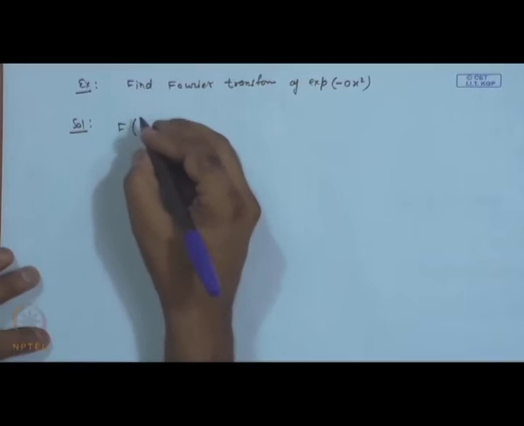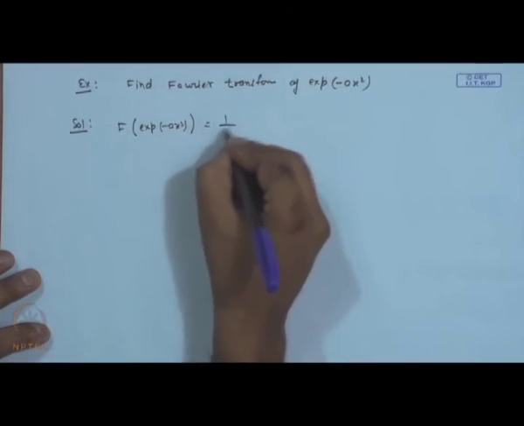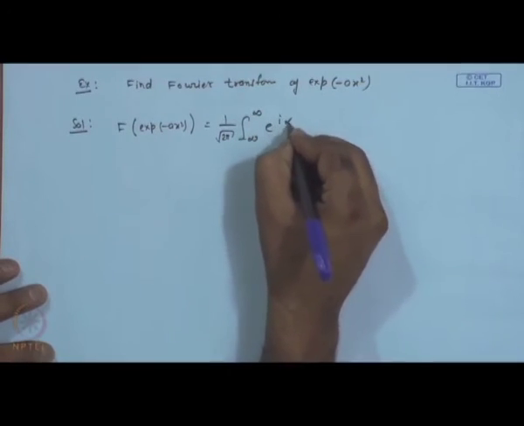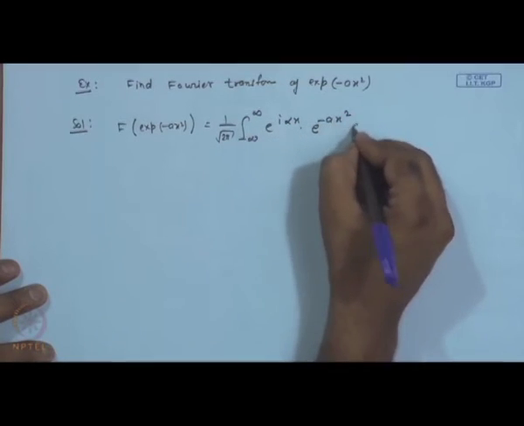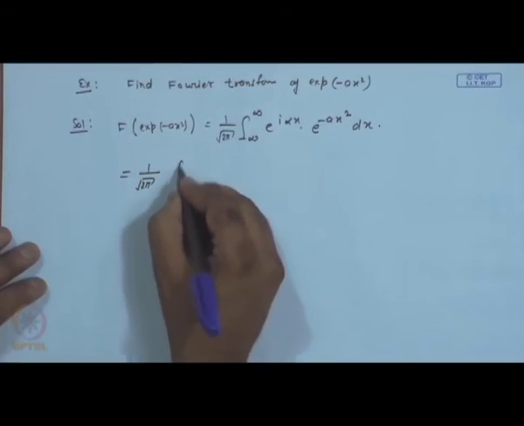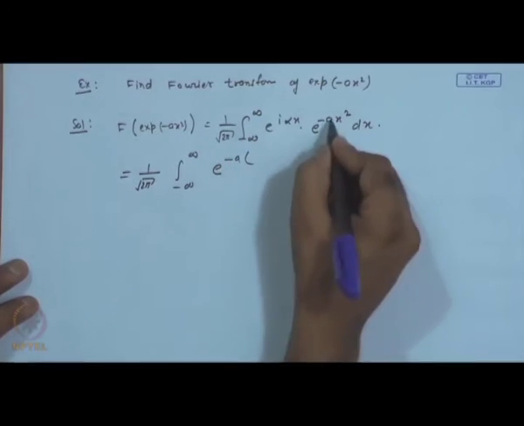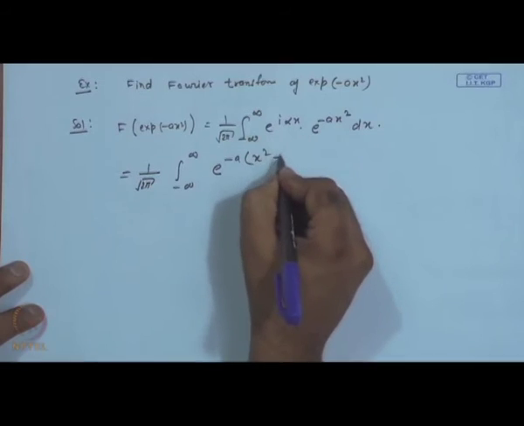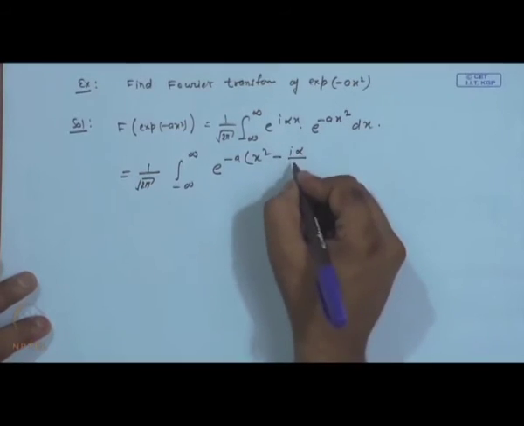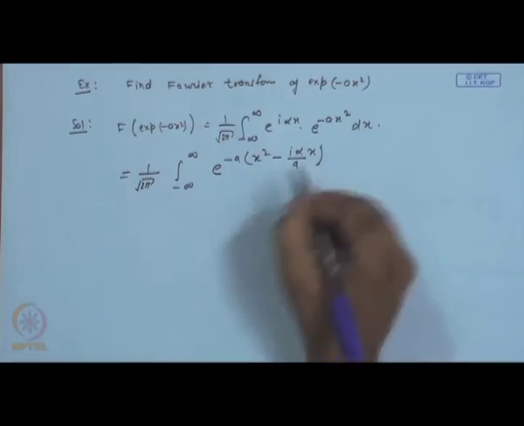For this solution we have the Fourier transform of exponential minus a x squared, that's by the definition 1 over square root 2 pi, integral from minus infinity to plus infinity of e^(i alpha x) and the function e^(minus a x squared) dx, which is 1 over square root 2 pi, and we have the integral from minus infinity to plus infinity of e to the power, we combine these two, minus a, and we have then x squared minus i alpha over a times x, and then dx.